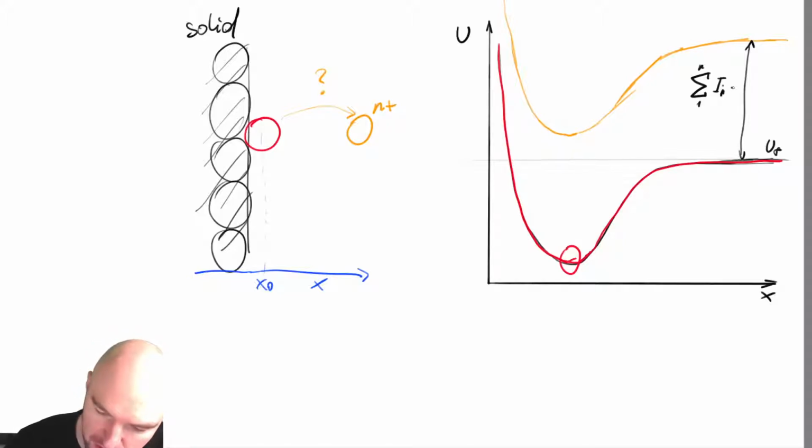But I'm also gaining some energy, which is n times the work function. This is the work function, and this is sort of the energy that I need to set up.